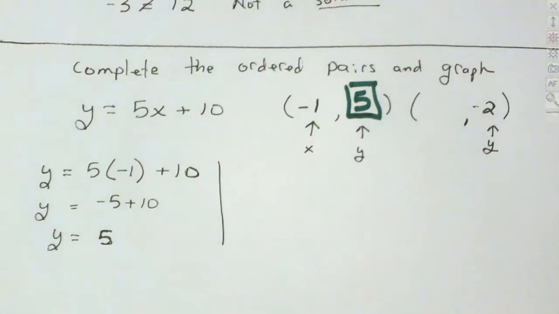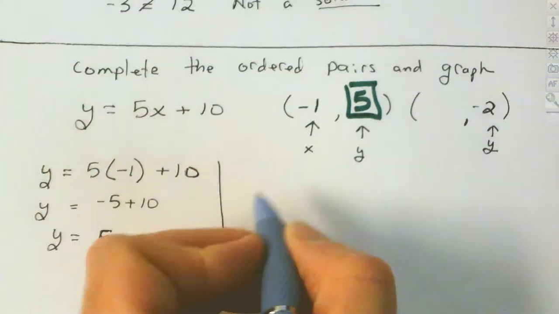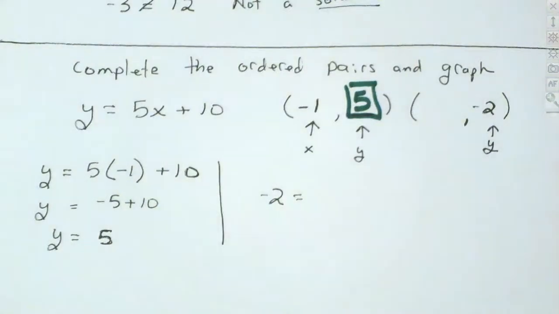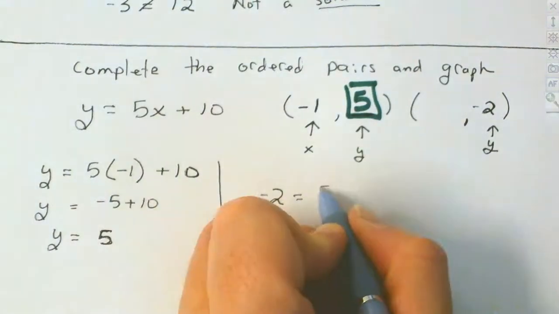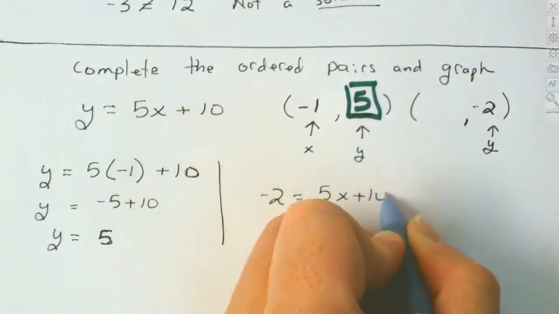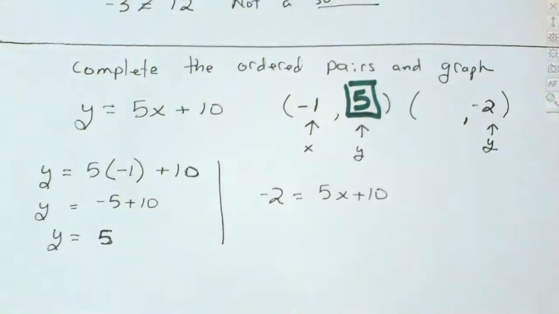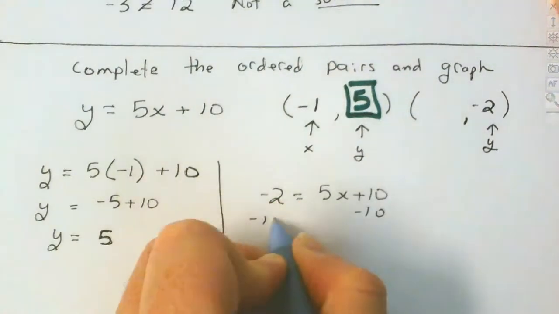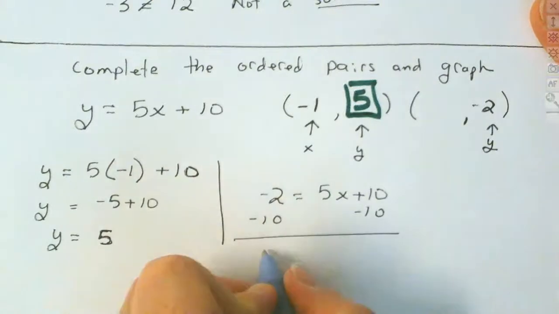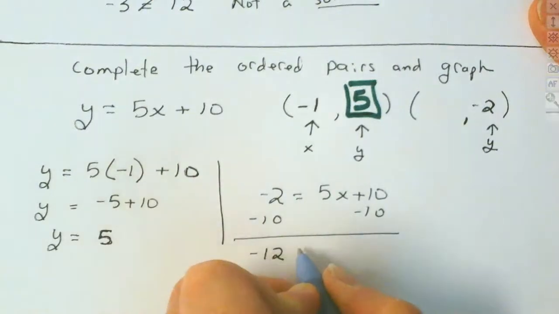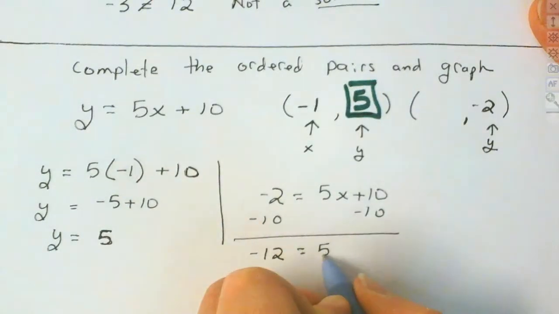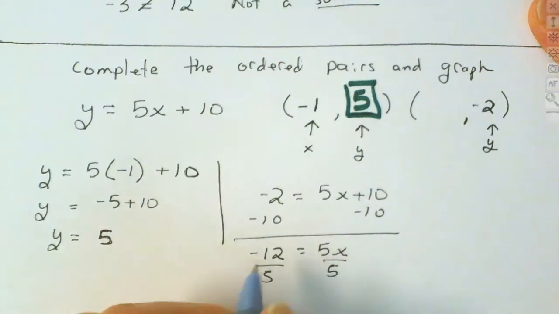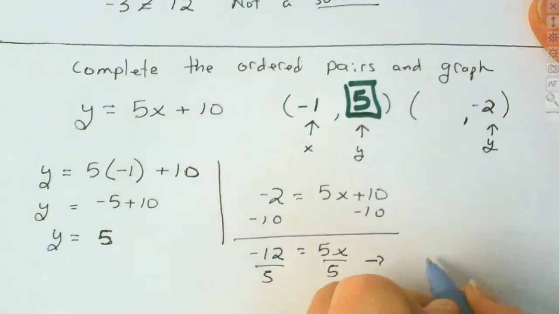So if we have to plug in a negative 2 for y, right, that gives you a negative 2 for the y value. And that's going to be 5x plus 10. We'll move that 10 over with subtraction. And now we've got negative 12 equals positive 5x. We'll divide by our 5. And what is x now going to be?